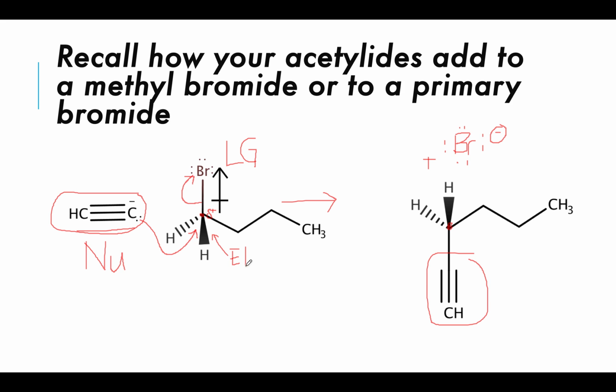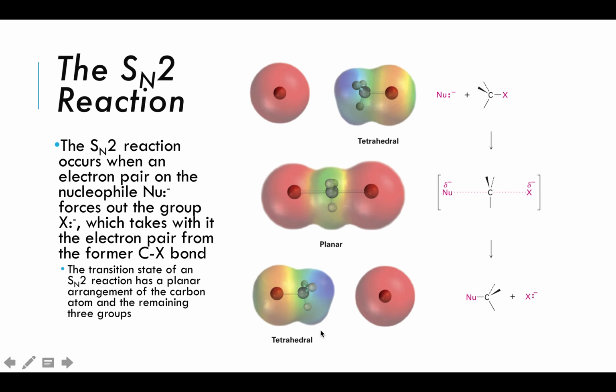It was what was attracted to the something that was negative. The reaction of acetylide with a primary or a methyl halide is what we call an Sn2 reaction.